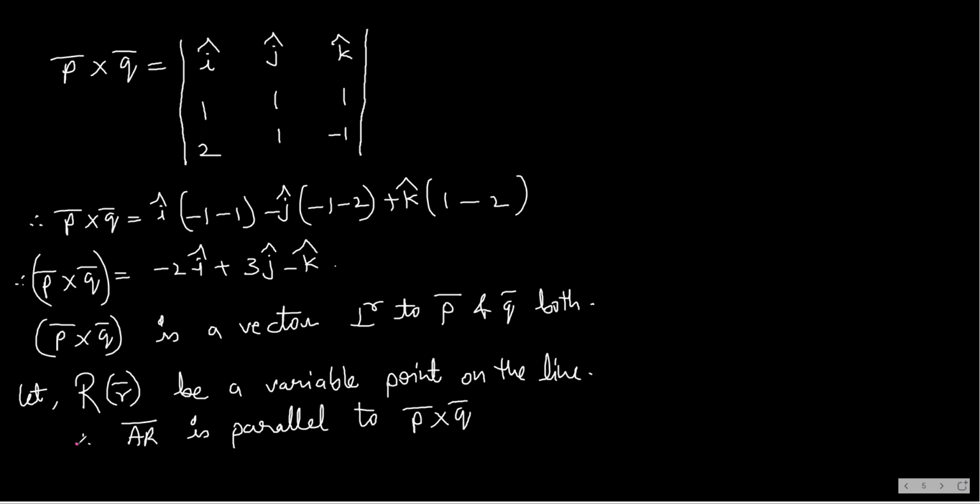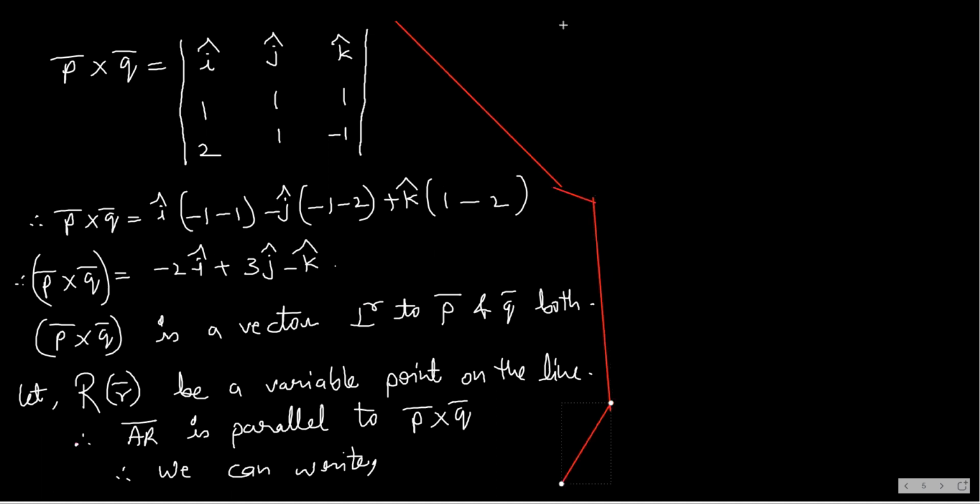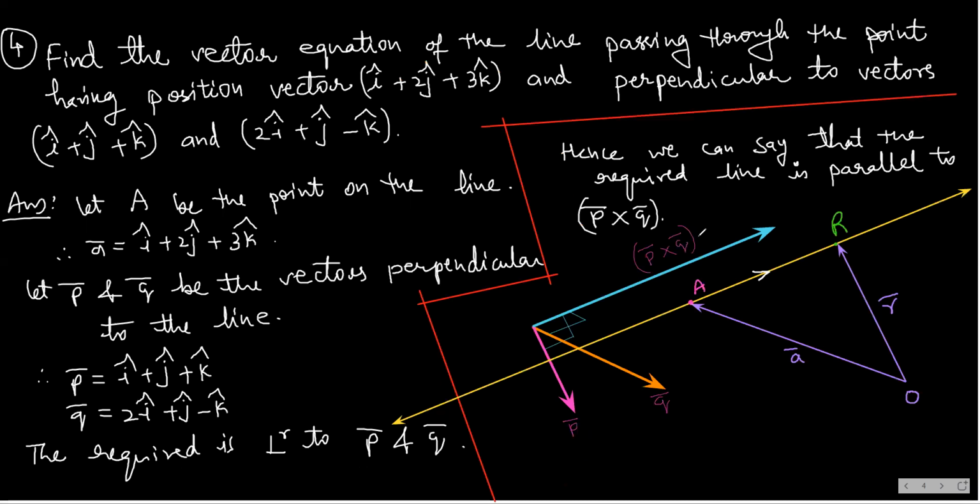Therefore, we can now write AR bar is equal to lambda P bar cross Q bar, because AR bar is parallel to P bar cross Q bar.